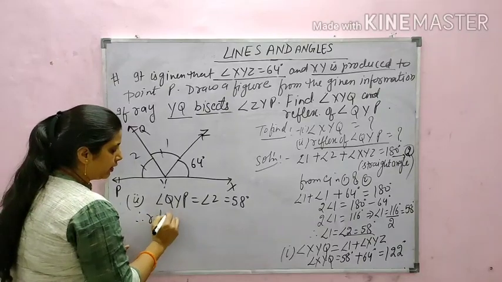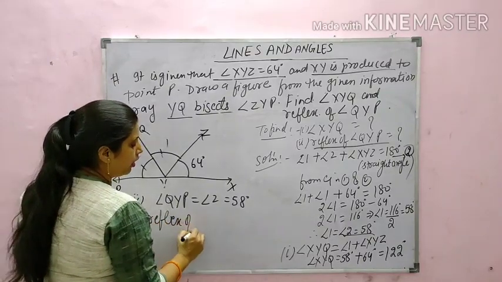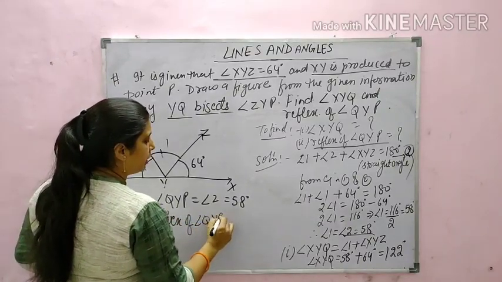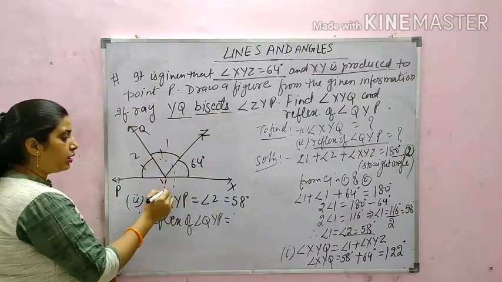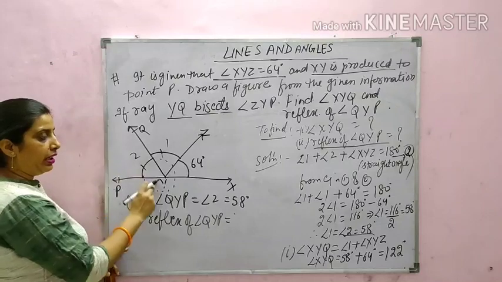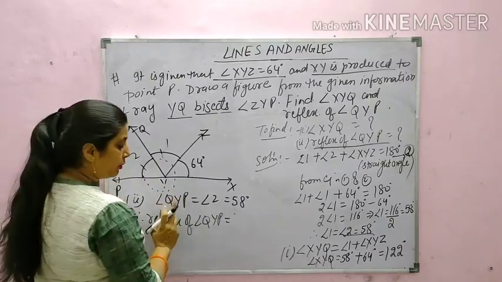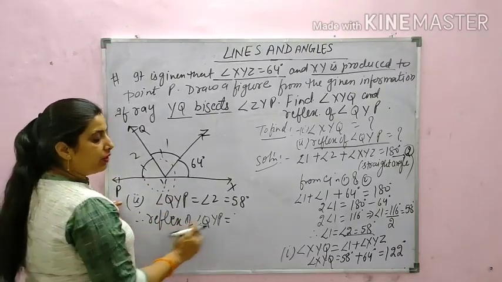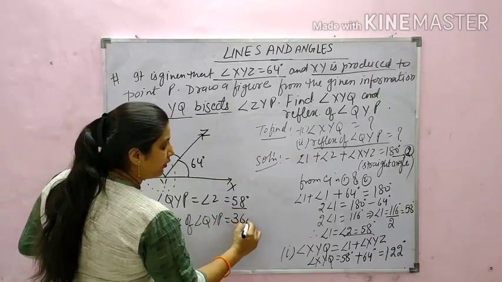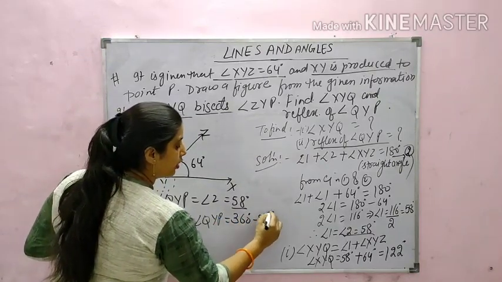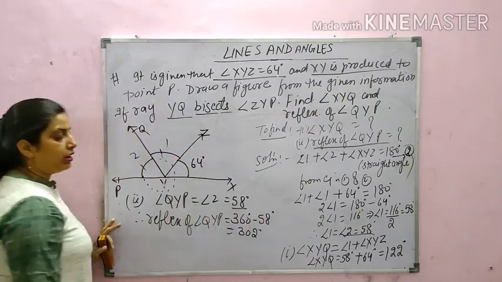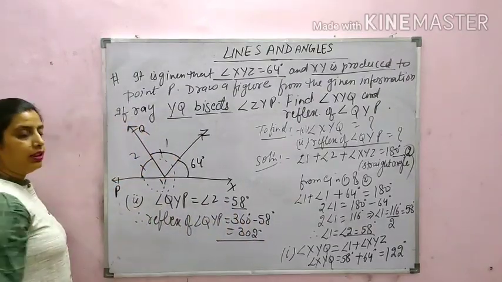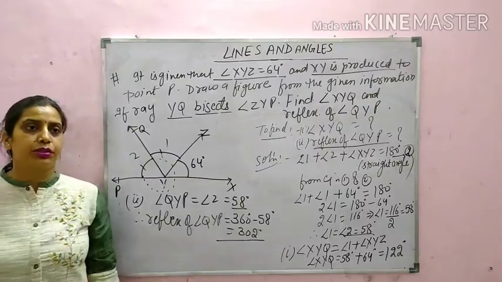Therefore, reflex of angle QYP, we will subtract because it will make 360 degree angle like here. Clear? This means for reflex angle, we will subtract the given angle from 360. Then it will be 302 degree. This is our answer. Clear? Now we will do more questions.